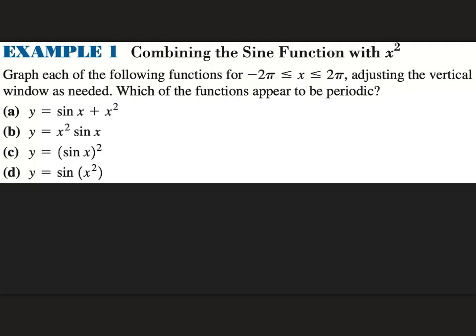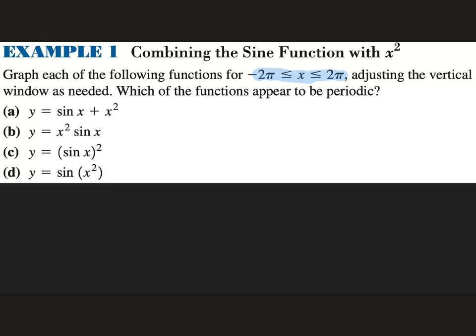Okay, let's look at the following thing. They want us to change the viewing window to be negative 2 pi to pi and adjust the vertical window as needed. Which of the functions appear to be periodic? Okay, so let's look at A. I'm going to put this in the calculator and I'll draw the graph here. For A, we put in the windows: x min is negative 2 pi, x max is 2 pi.